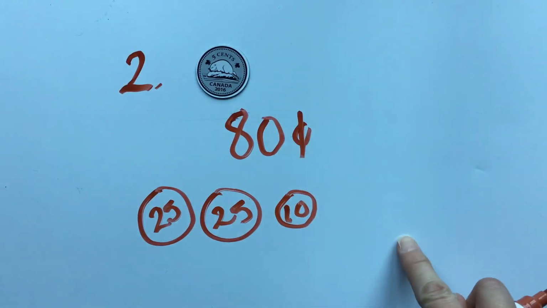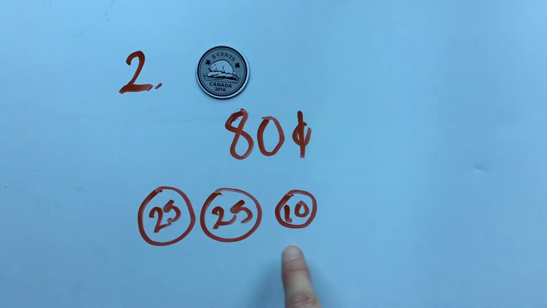How many nickels will you need to add to make 80 cents? Well, let's find out. First, we need to count on to find out what we have. 25, 50, 60. Let's see that again. 25, 50, 60. Did you see how I had to switch to counting by 10 here? So I have 60 cents.